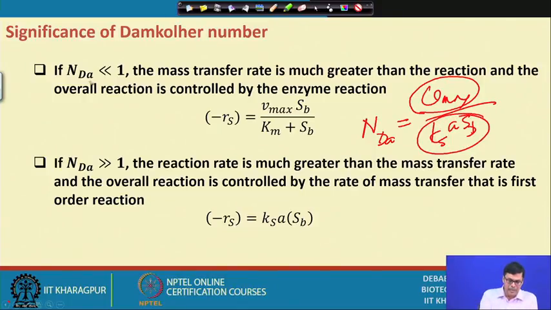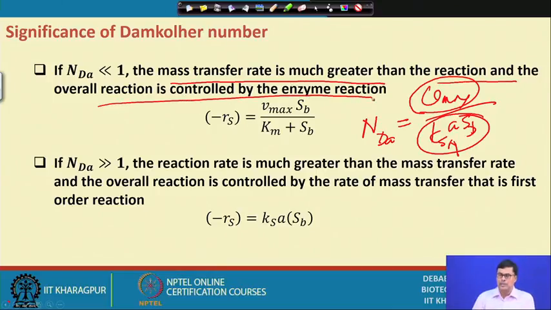If NDA is less than 1, the rate of mass transfer will be very high, so the substrate is going at a higher rate compared to the rate of reaction. The mass transfer is much greater than the reaction, and the overall reaction is controlled by the enzymatic reaction.